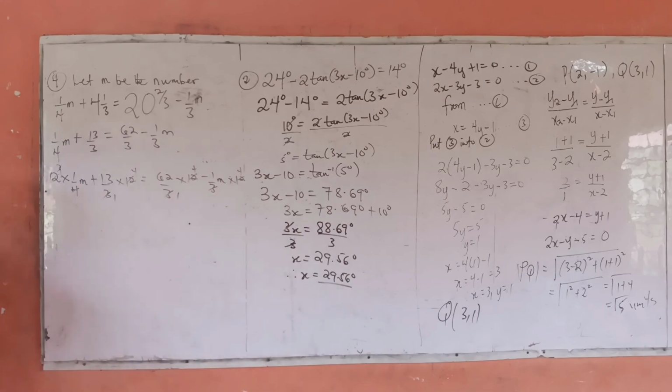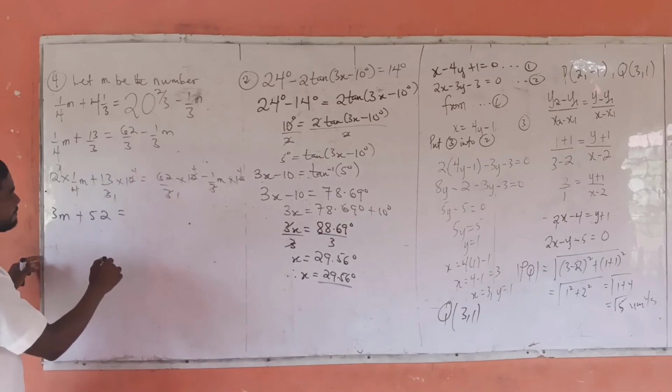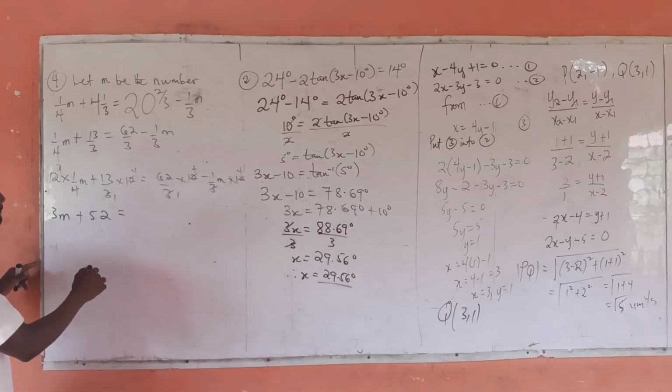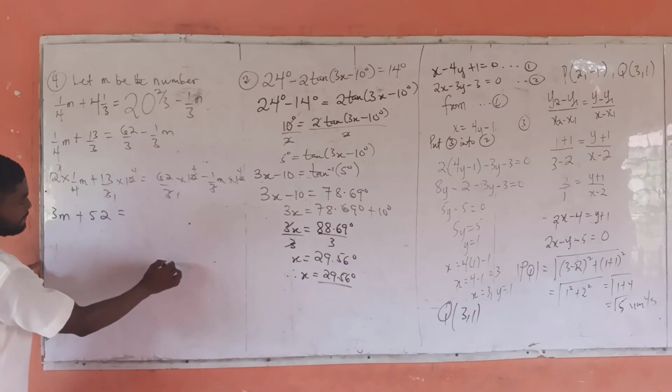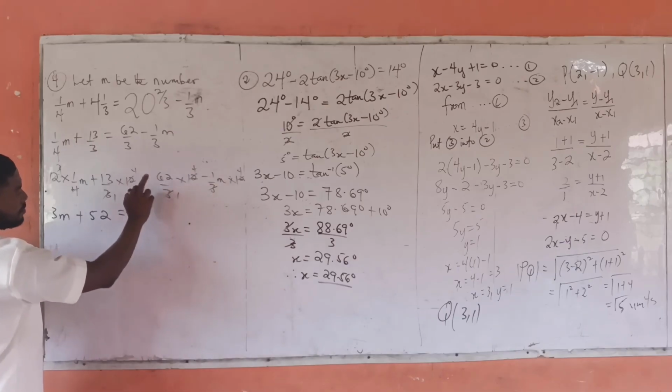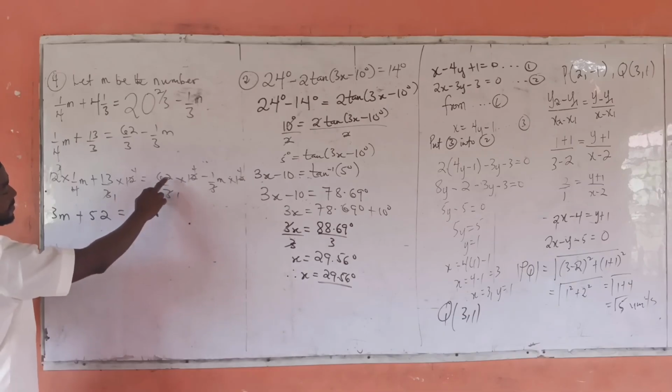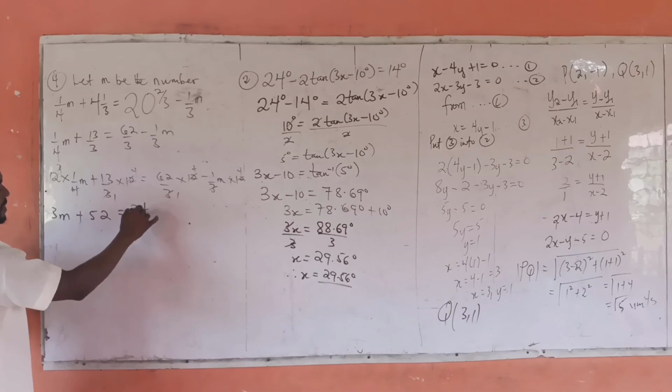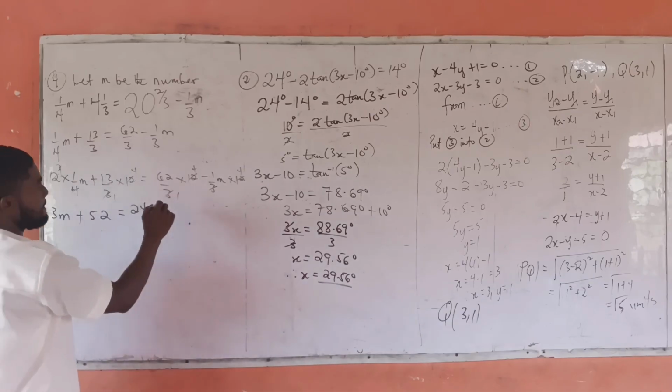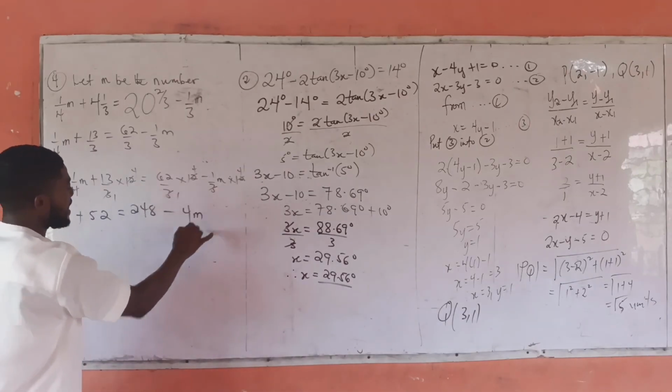So from my multiplication, I get 3m plus 52 is equal to 248 minus 4m.